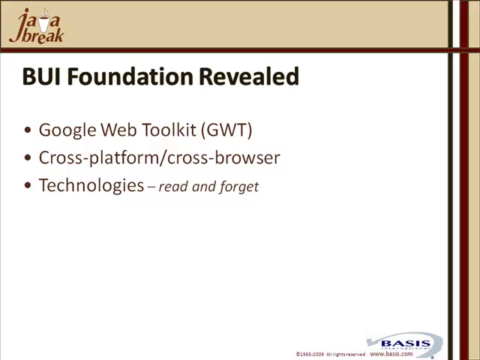The technologies, I've said, read and forget. Just understand that all these technologies underlie the Google Web Toolkit, but you don't really have to concern yourselves with them. As is often the case, Basis takes care of the details of that environment.